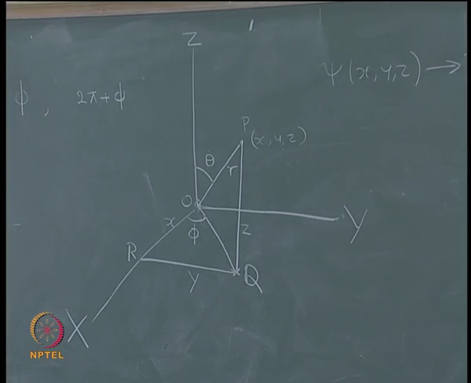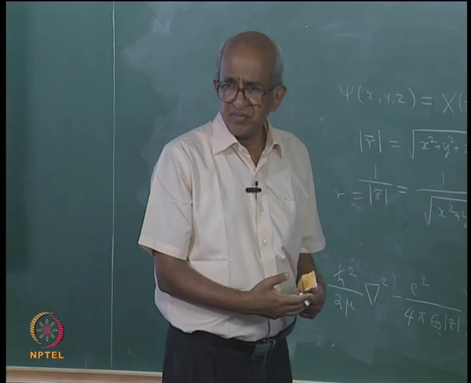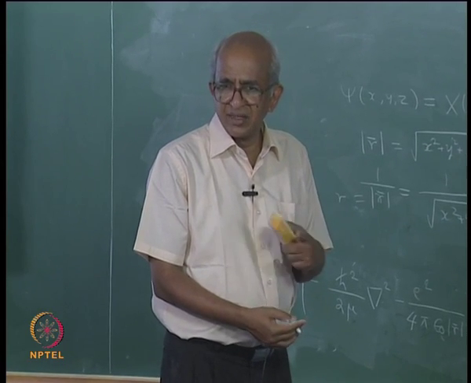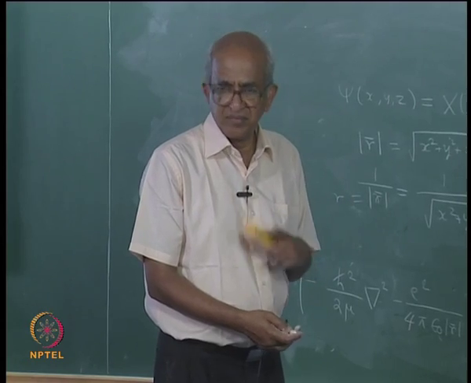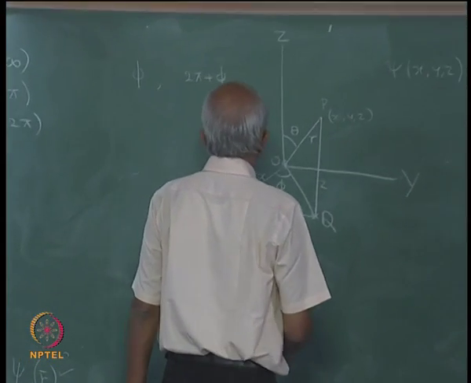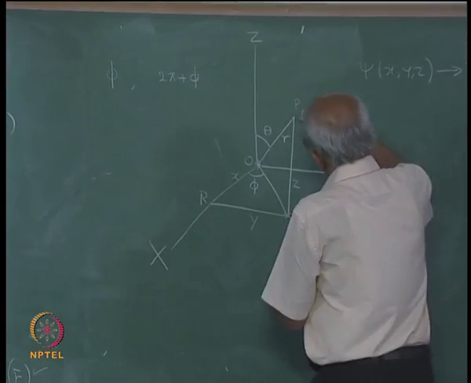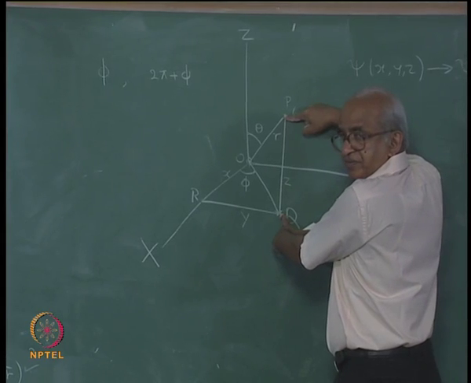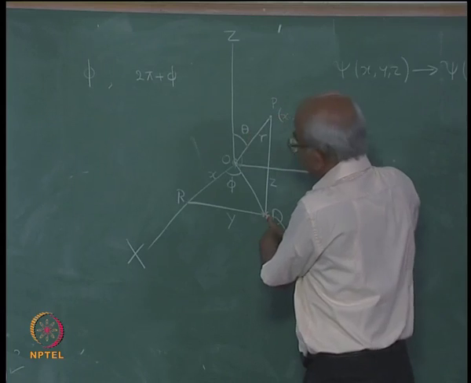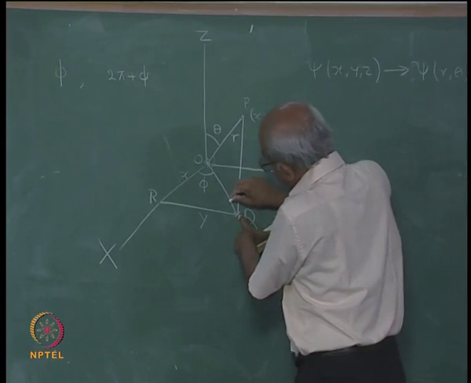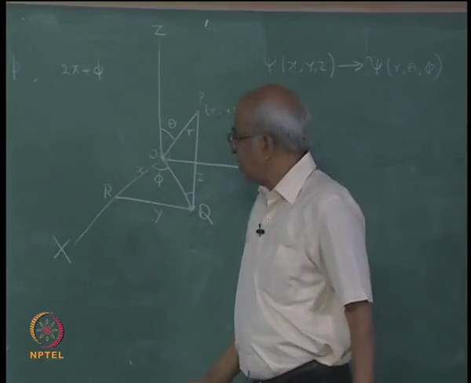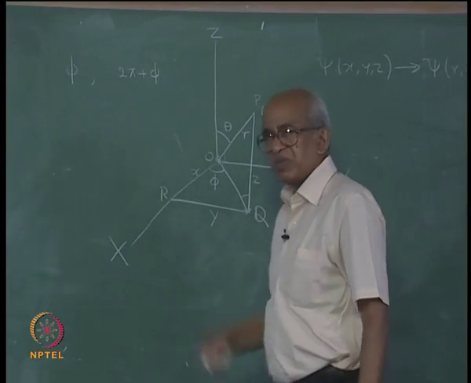So, it is actually a matter of simple trigonometry to find the relationship between x, y and z and r, theta, phi. So, just to illustrate, okay, this is the coordinate z, and what is this angle? Well, you have to remember that PQ is myself.